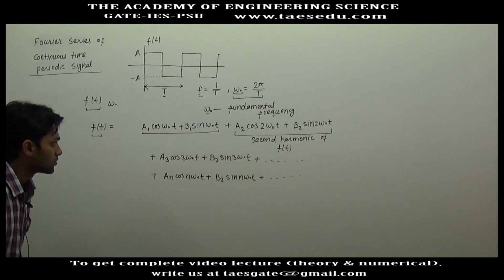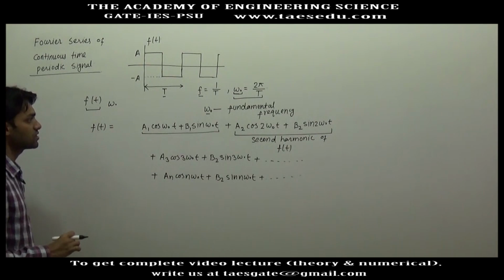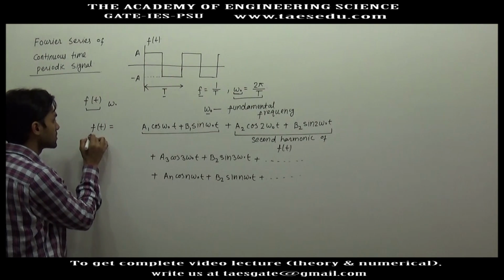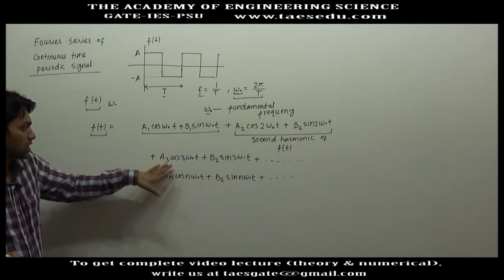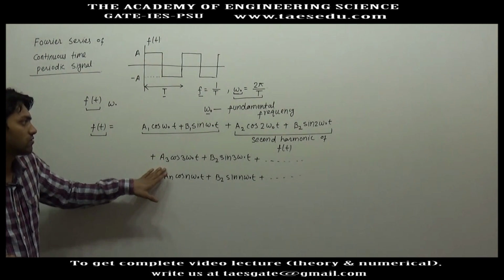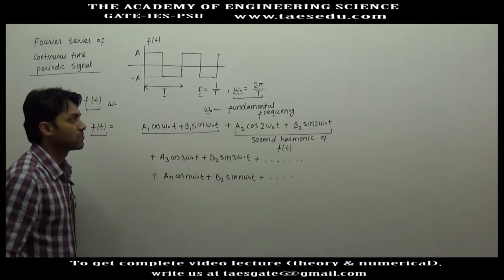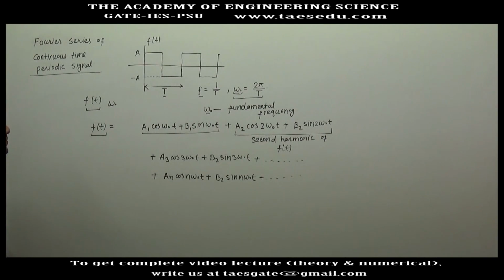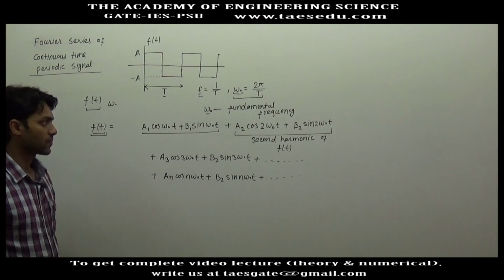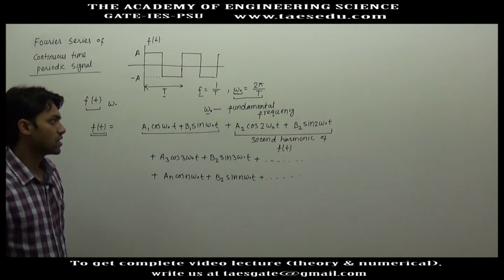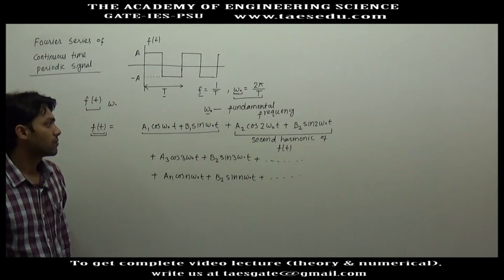So this is the Fourier series representation, in which a signal which is not necessarily sinusoidal can be written as a summation of sinusoidal signals. We start with a sinusoidal signal having frequency equal to the frequency of the original signal f(t), and the rest of the sinusoidal terms will have frequencies that are integral multiples of the fundamental frequency.